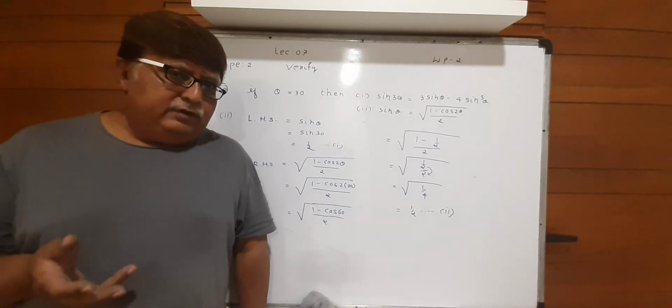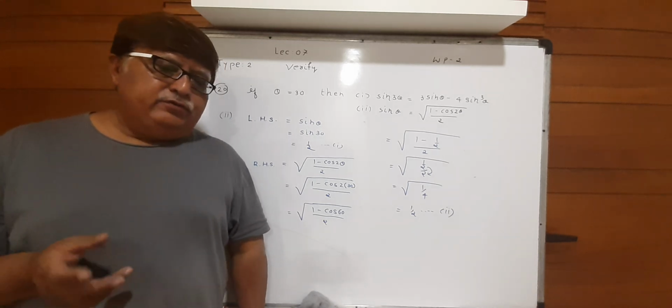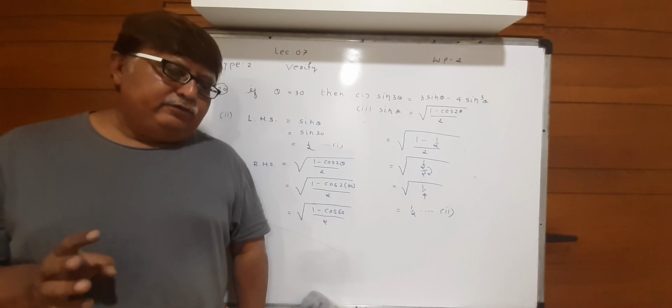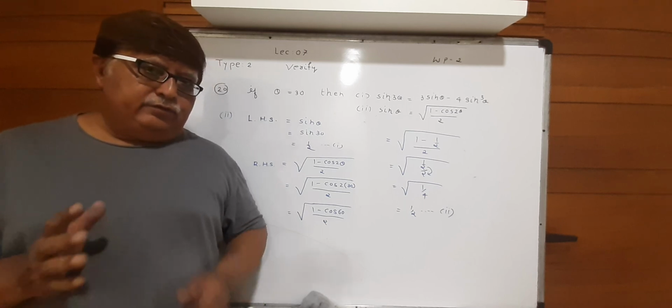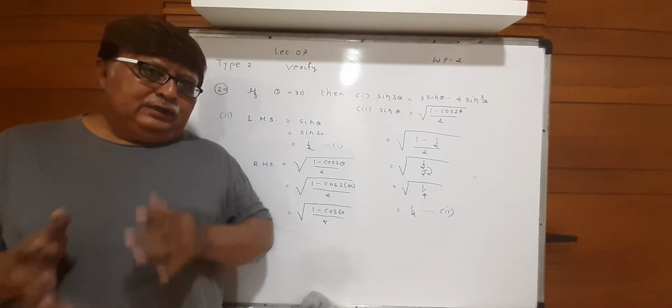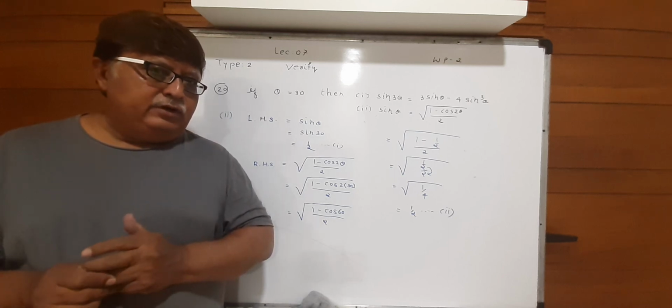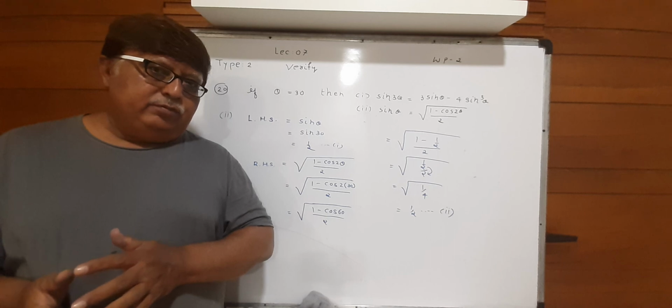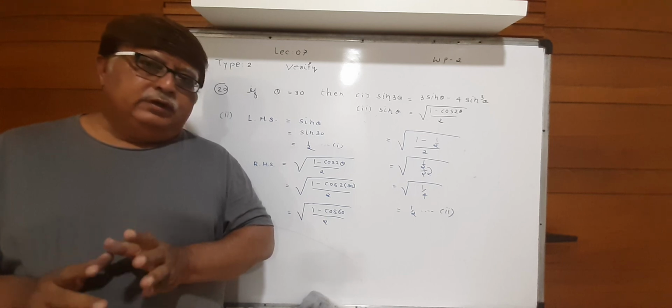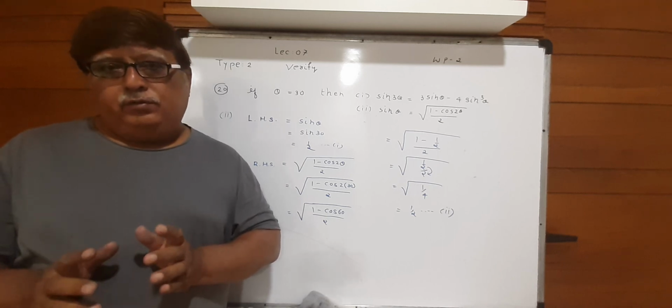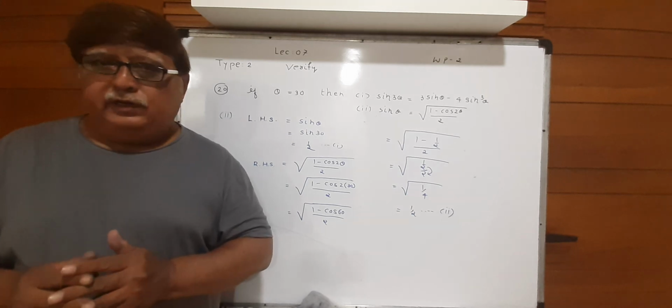Type 1 was little lengthy. Type 2 is just based on the value table. So 3 lectures. Lecture number 6 only evaluation. Lecture number 7 only verification, and then lecture number 8 will be the rest of the example in type 2. So type 2 we are going to complete just in 3 lectures.